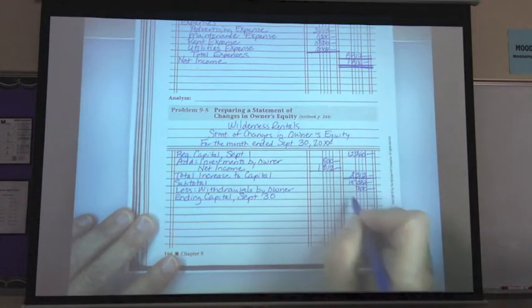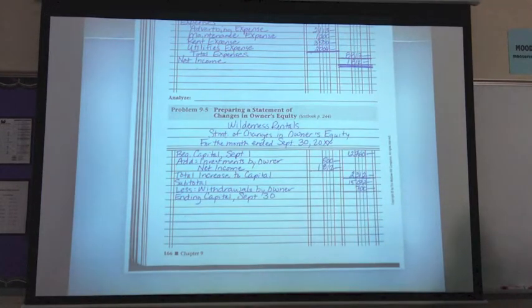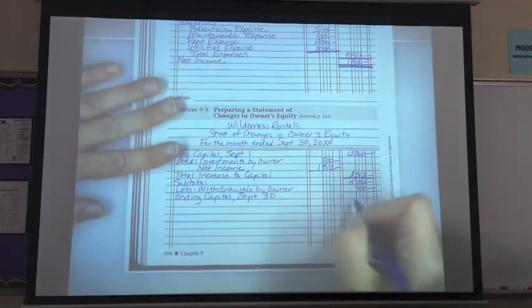And the last thing I'm going to do is draw a single rule because I'm ready to calculate those two. And I'm going to subtract 700 from my subtotal. Get your calculators out and make it happen. Hopefully you got 14,372.